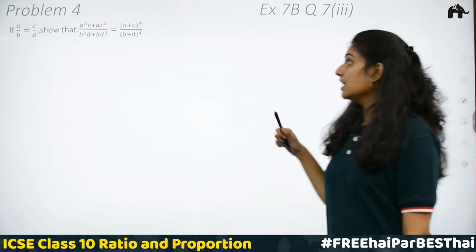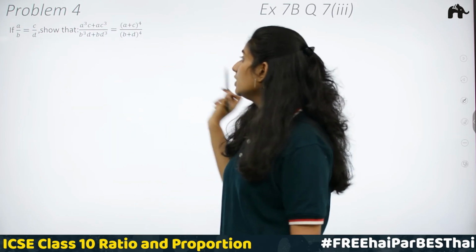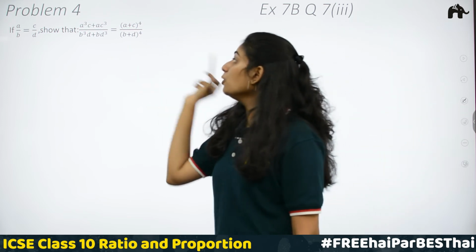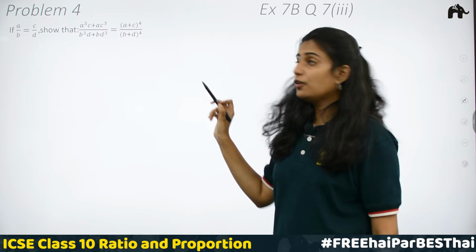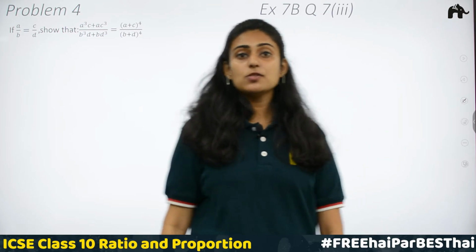Question 7.3. If A by B is equal to C by D, show that (A cube C plus AC cube) divided by (B cube D plus BD cube) is equal to (A plus C) whole raised to 4 divided by (B plus D) whole raised to 4. Here we will solve this by using the K method.